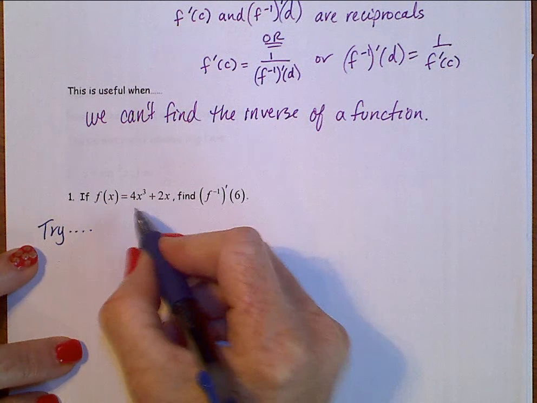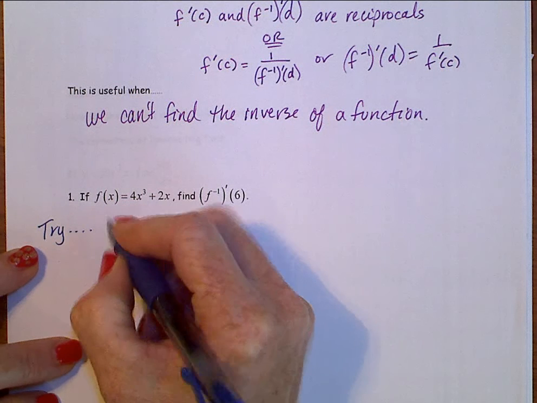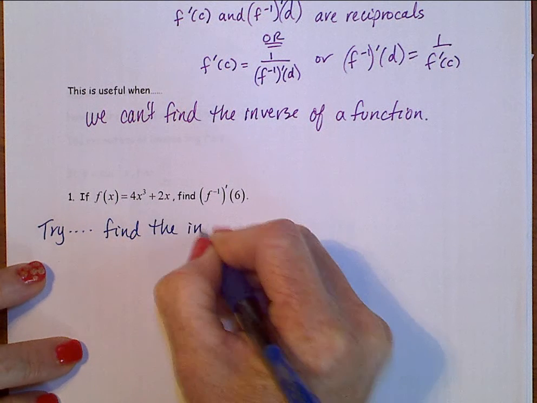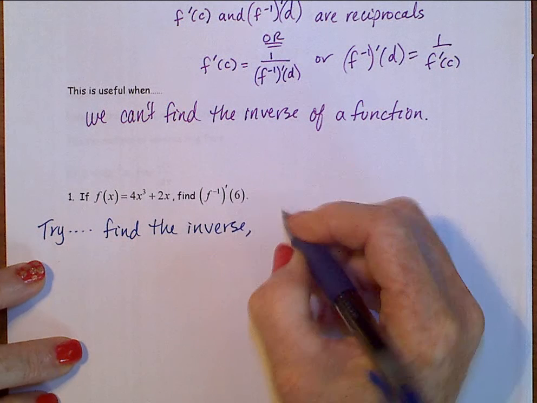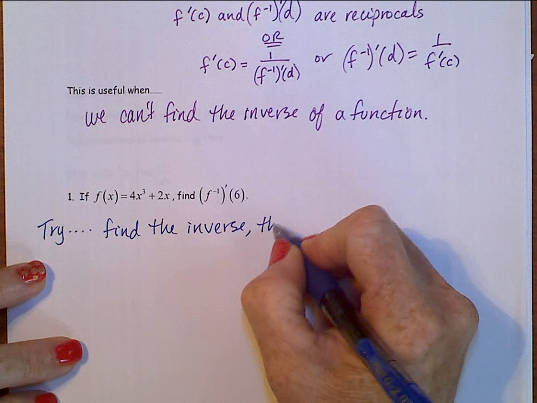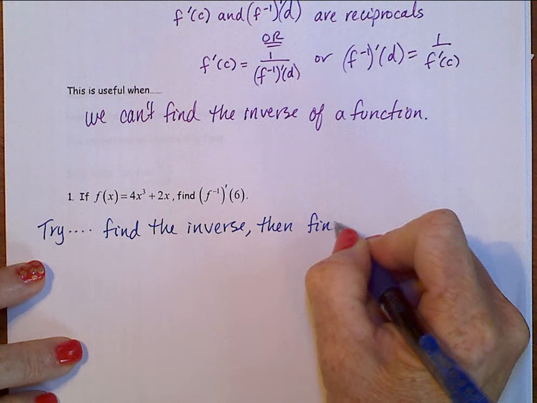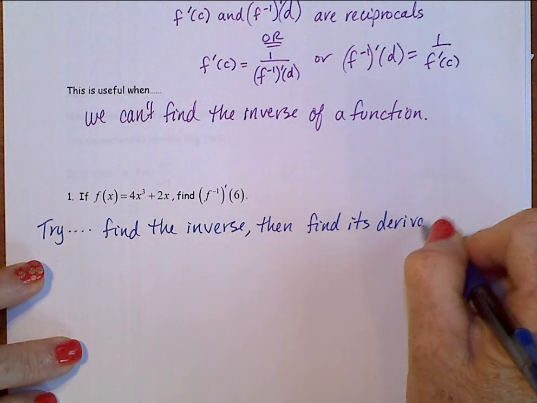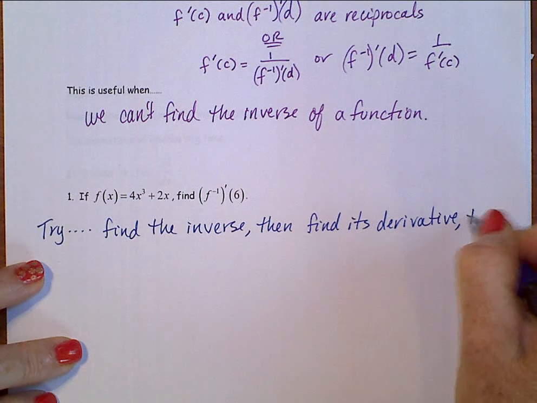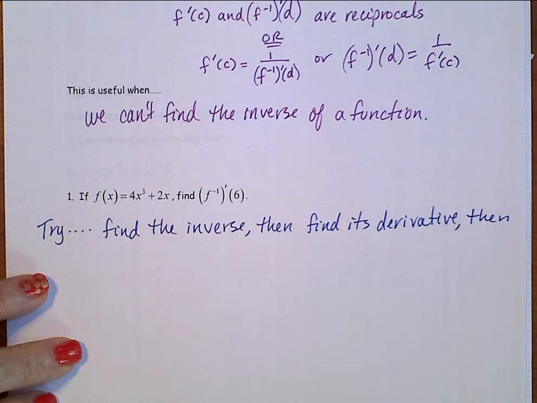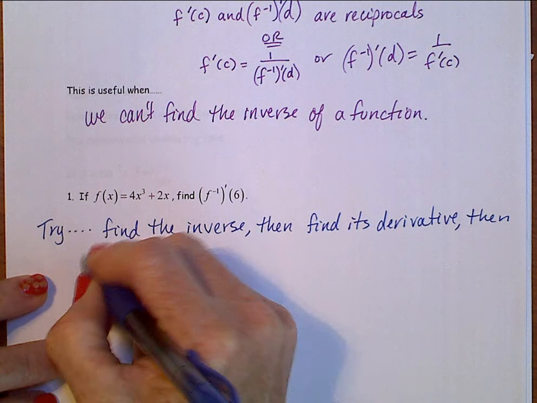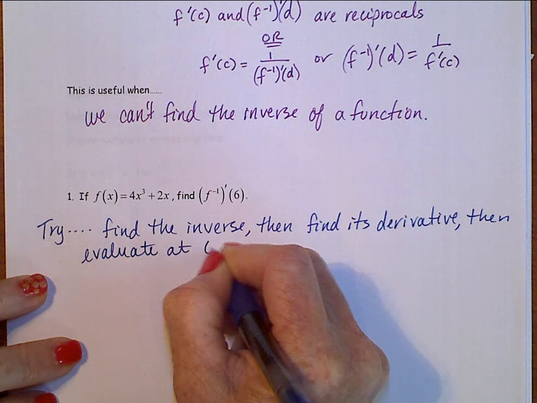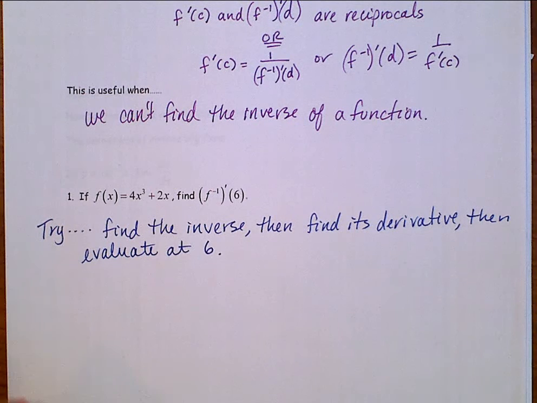If we want the inverse derivative at 6, we could try to find the inverse, then find its derivative, then evaluate at 6. All right, let's try that.